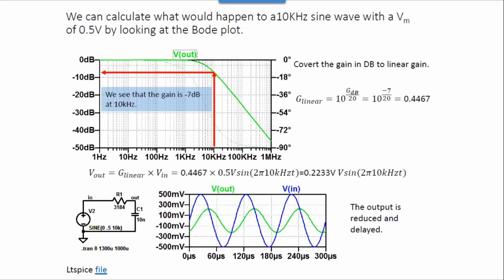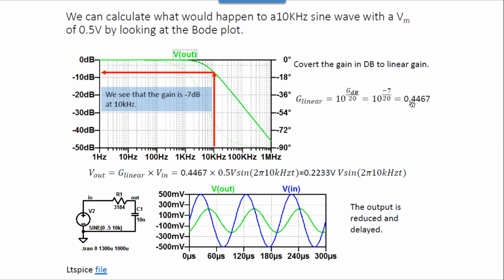In the example we did before, we put a filter on it, so we want a low pass filter. At this particular point, the gain is 7 dB. Converting that to linear, it's 0.44.